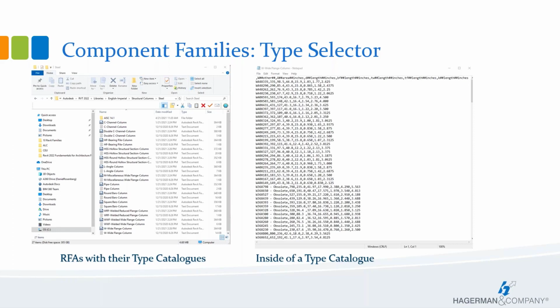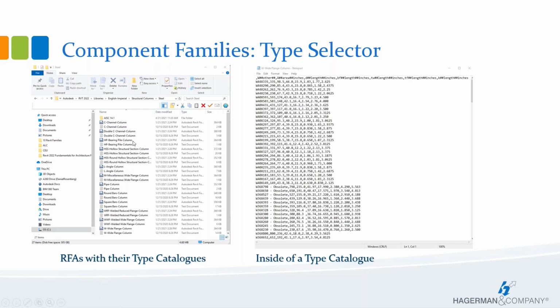So just another look at this. I don't recommend opening up these text files. In fact, these things are definitely not meant to be modified, but I think it's important to just kind of understand what they're doing, because I'm sure you've seen them before if you were looking at the content that came with the software.